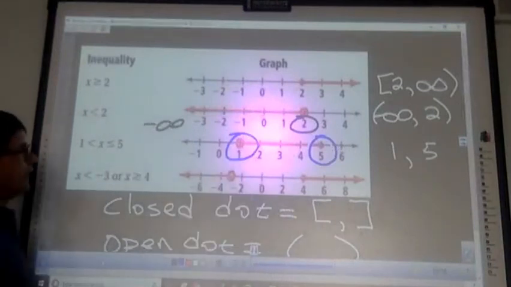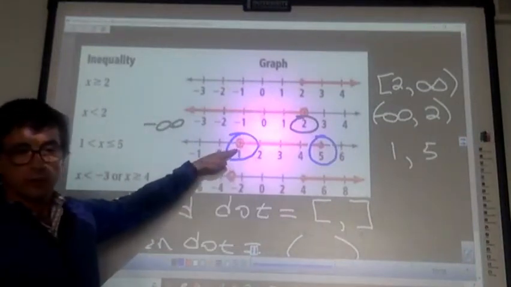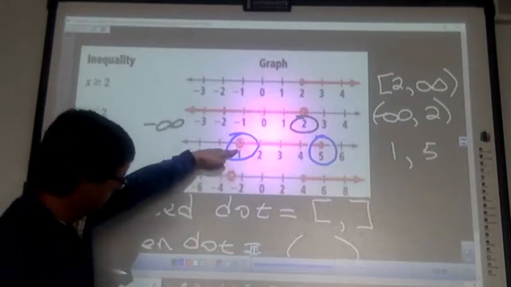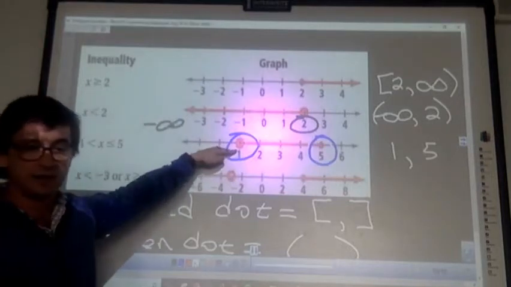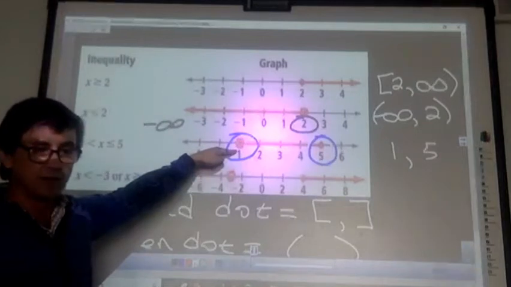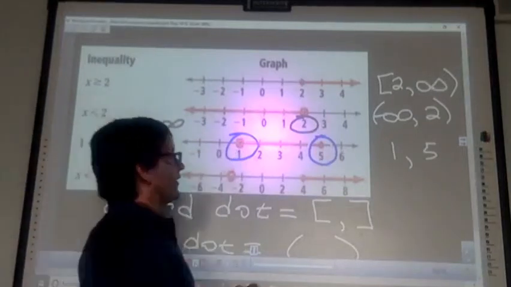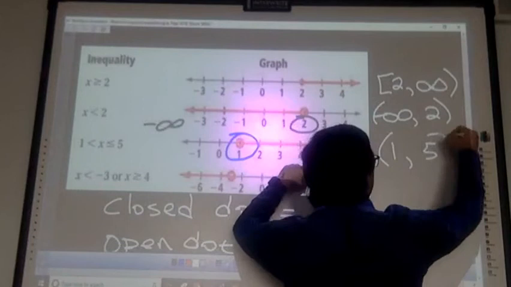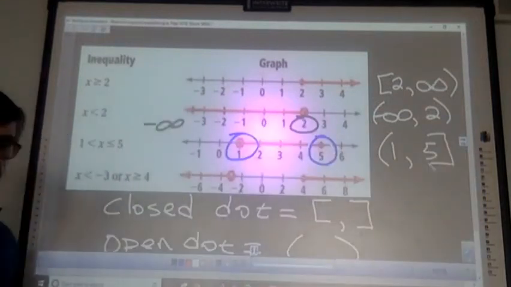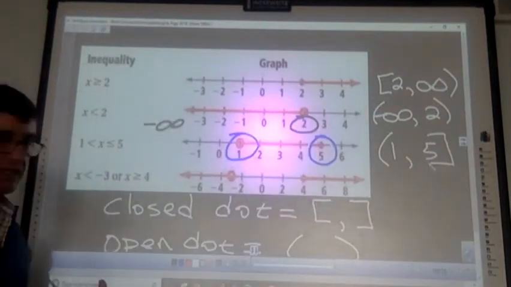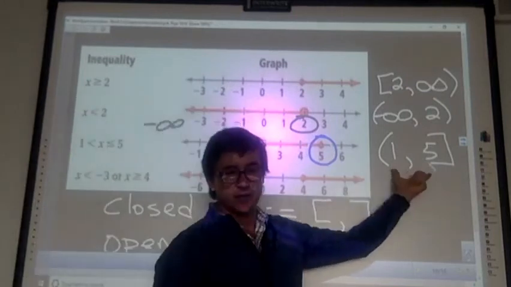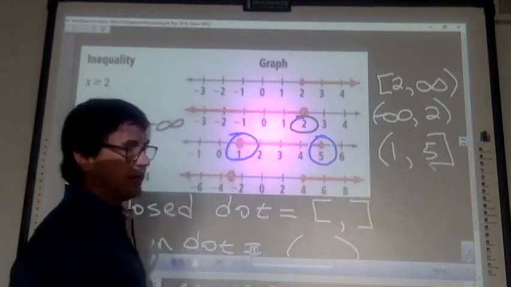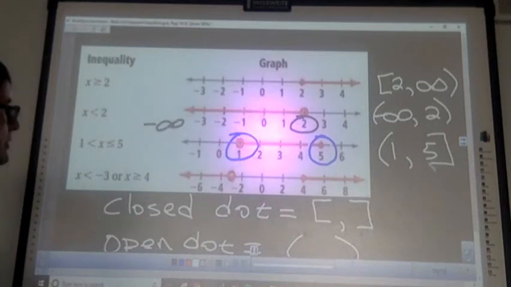And then bracket or parenthesis. Open dot, parenthesis; closed dot, bracket. When it's an and inequality, you will not have an infinity, always numbers.